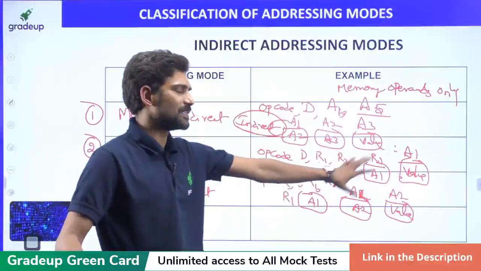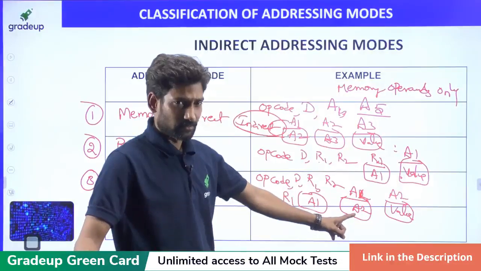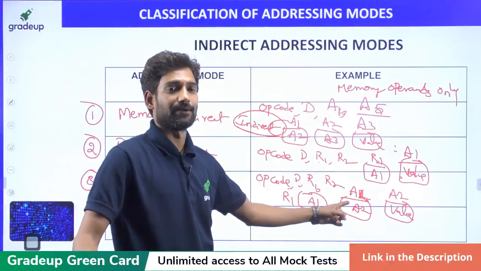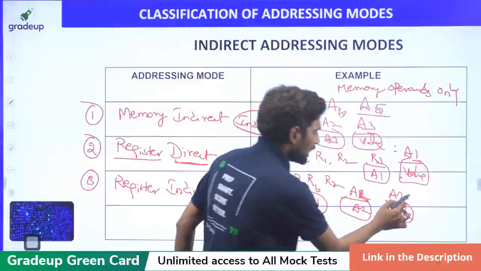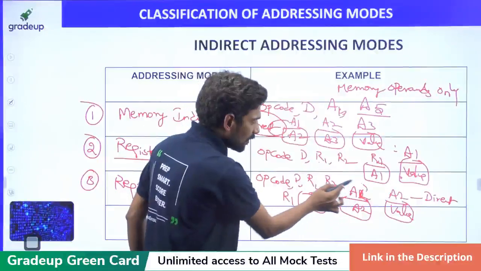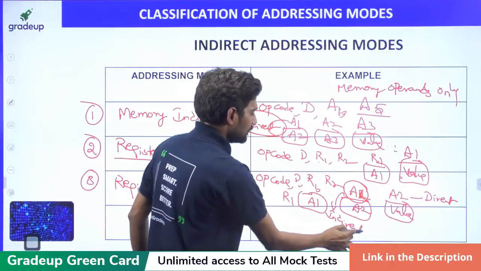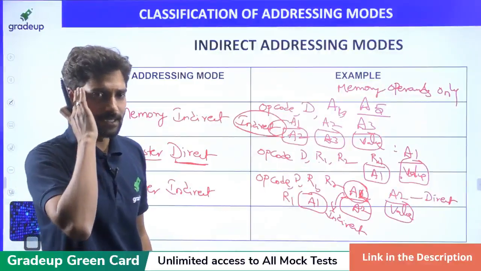Now, which is direct, which is indirect? Is A1 a direct address? No. A1 is an indirect address because it has another address. A2 is a direct address.